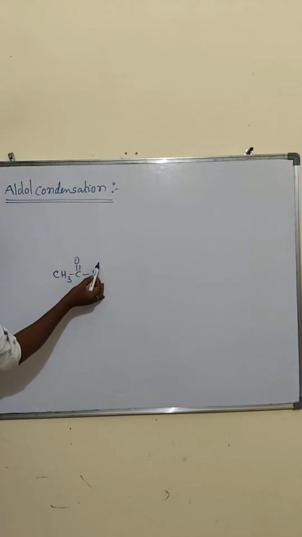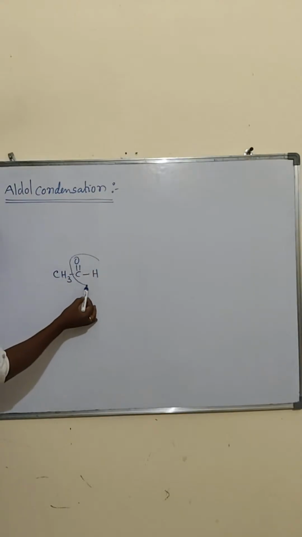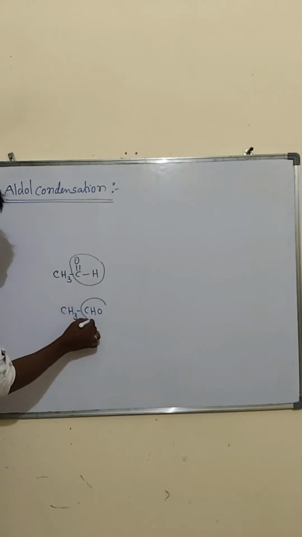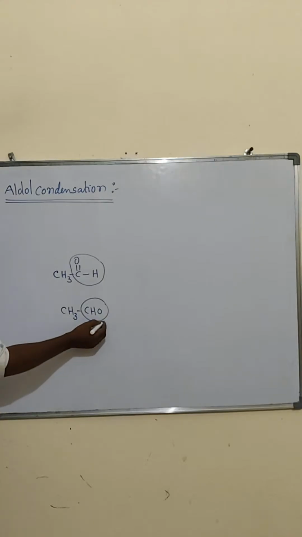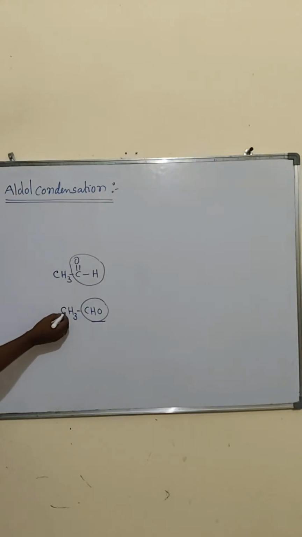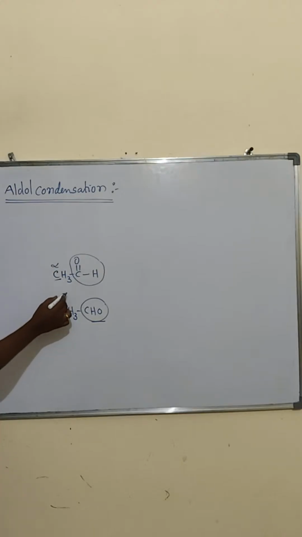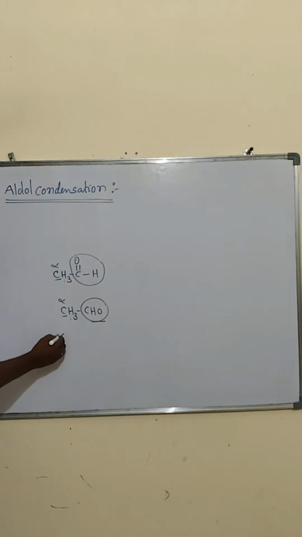The aldehyde group is this C double bond OH, or we simply call it CHO. So this is the aldehyde group. The carbon next to the aldehyde group, we call this carbon the alpha carbon. The hydrogens attached to the alpha carbon are the alpha hydrogen atoms.